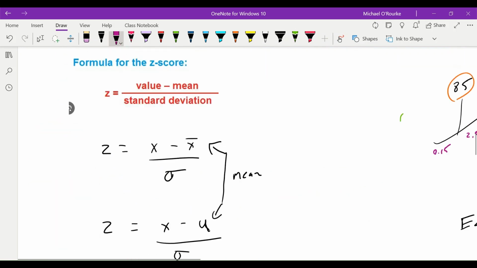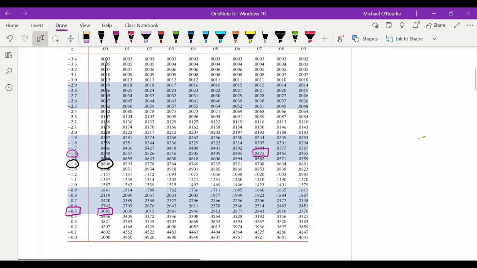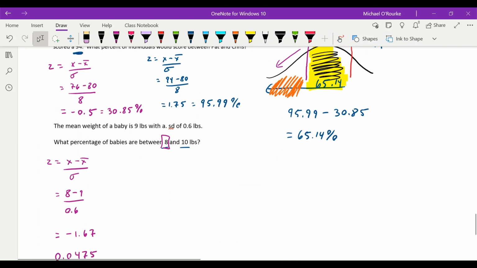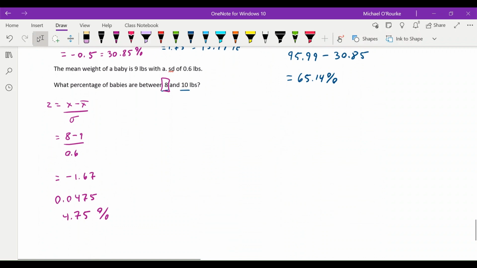I think that was my number, wasn't it? Yep. So there's my first number. Then my second one, 10 pounds. Z equals x minus the mean divided by standard deviation. So x is 10 minus 9 divided by 0.6.